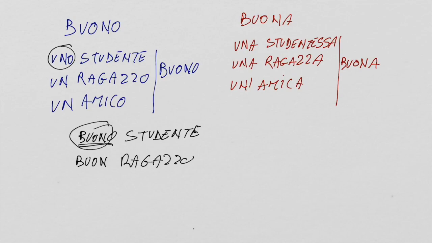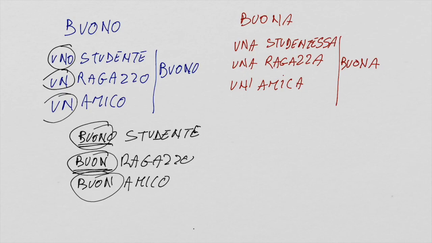You see, you don't have buono anymore, but you have buon ragazzo, because buon, as un, works in front of all masculine nouns starting with a regular consonant or even a vowel, because buon also works with amico.